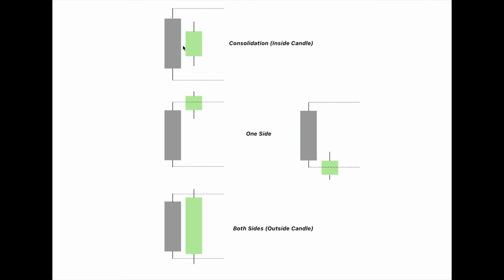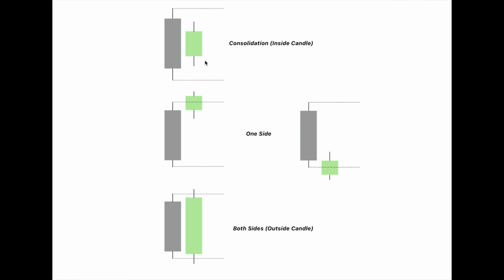So what price is doing, it's just consolidating. Another word for consolidating is accumulating.